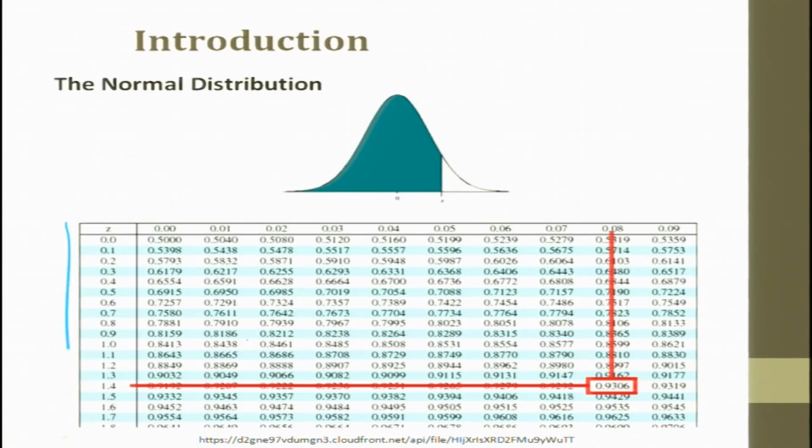In this table, we are presenting the data, and if I see this value at 1.48, this is value at... So, the probability at z less than equal to 1.48 is equal to 0.9306.